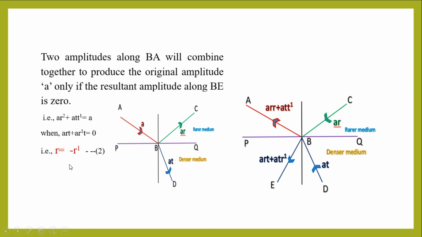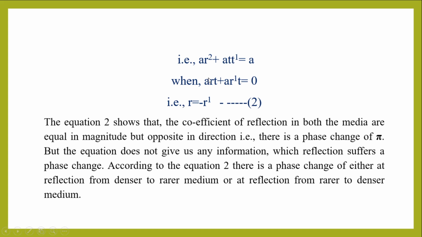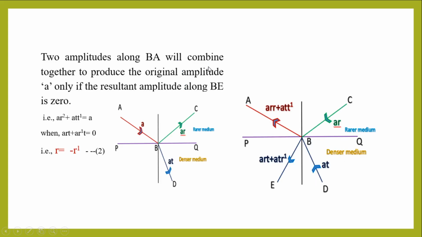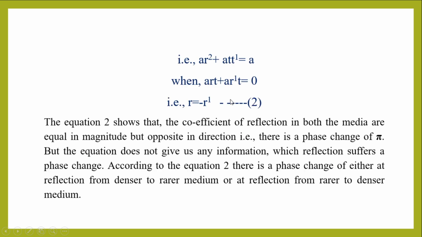This can also be written as R dash is equal to minus R. Here we have AR squared plus ATT dash is equal to A, and this is equal to 0. Therefore R dash is equal to minus R. Here the equation 2 shows that the coefficient of reflection in both the media are equal in magnitude but opposite in direction. That is, there is a phase change of pi.